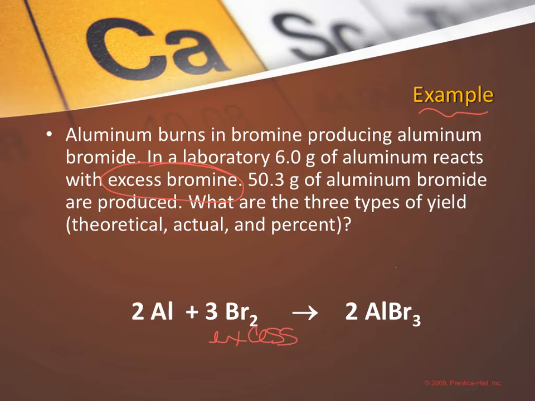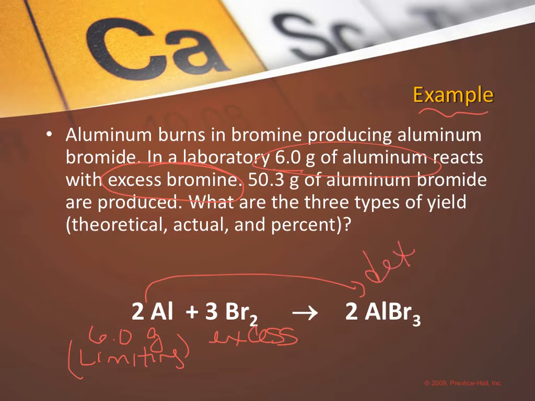That means there's more than enough. And so what that tells you is the other reactant, the 6 grams of aluminum, is the limiting reactant, and so it is in fact the aluminum that's going to determine how much product is made. Okay, so as soon as that aluminum runs out, we will stop making aluminum bromide.